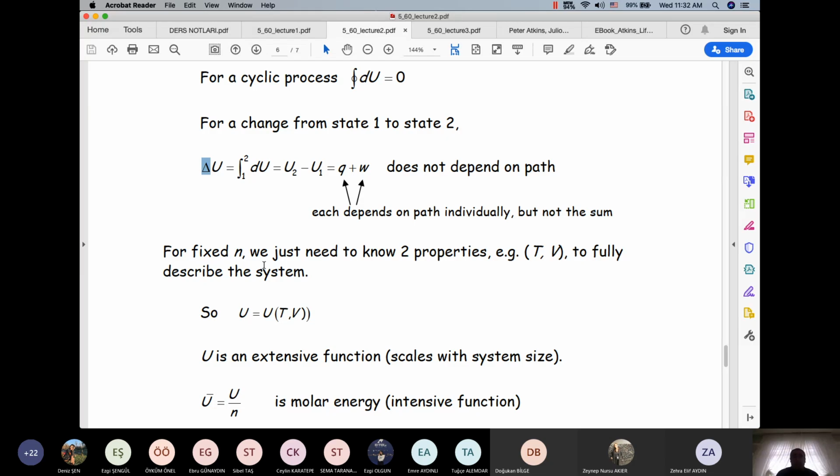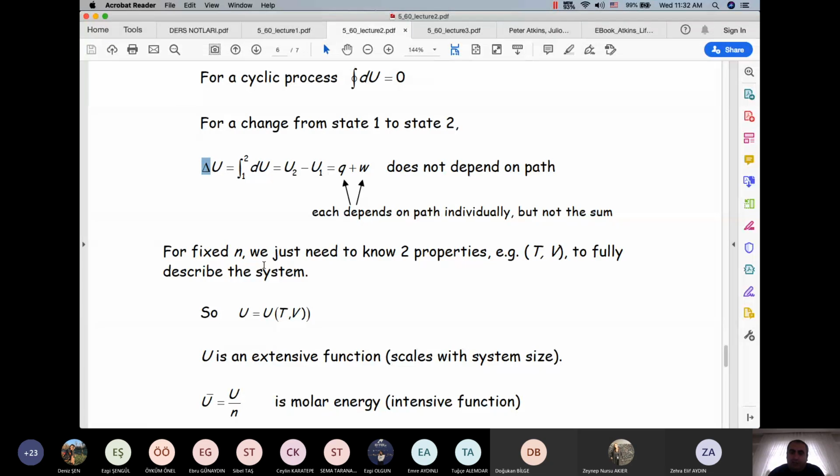Eğer bir sistemi tanımlamak için dedik 4 tane makroskopik büyüklüğe ihtiyacımız var. Bunlardan bir tanesi diğer üçünü bildiğimiz zaman bulunabiliyordu zaten. Nasıl bulunabiliyordu? İşte equation of state dediğimiz state denklemi kullanılarak, mesela PV eşittir nRT gibi, dördüncü büyüklük diğer üç büyüklükten çıkarılabiliyordu.